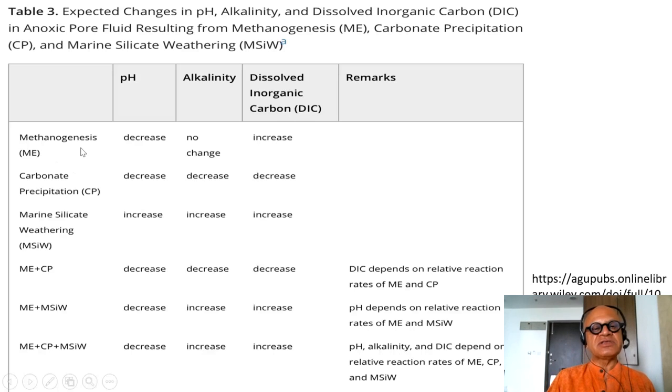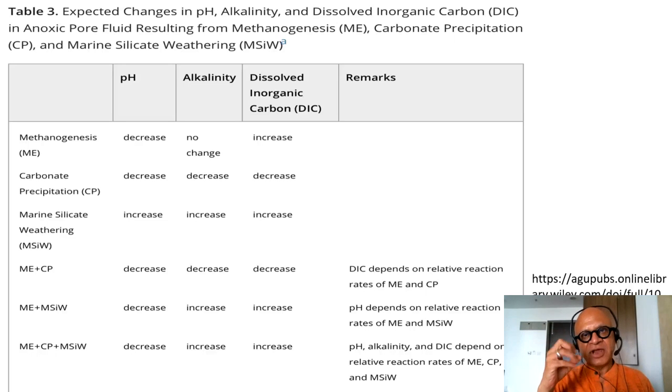So methanogenesis, we talked about before, obviously will decrease the pH. It will not affect alkalinity, and dissolved inorganic carbon is increased. Methane is easily oxidized, and then as it seeps, so methanogenesis happens, let's say, by the worms living in the sediment in anoxic conditions.